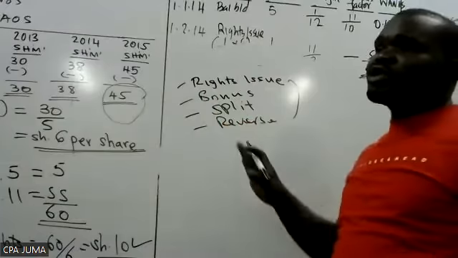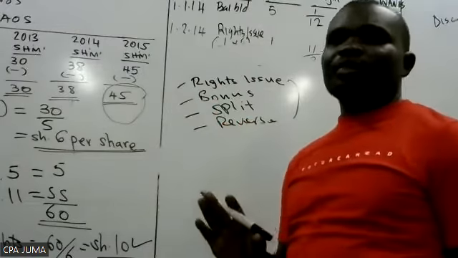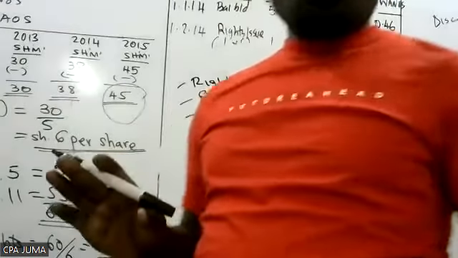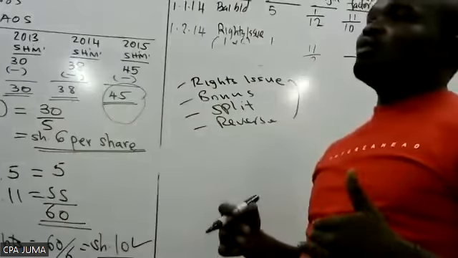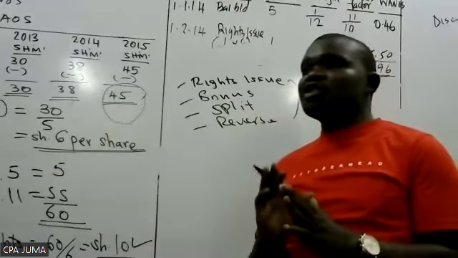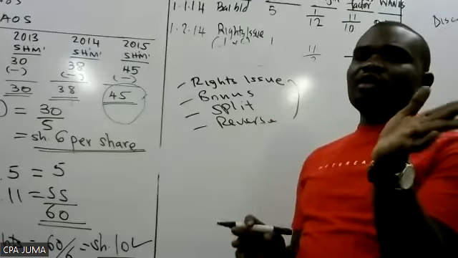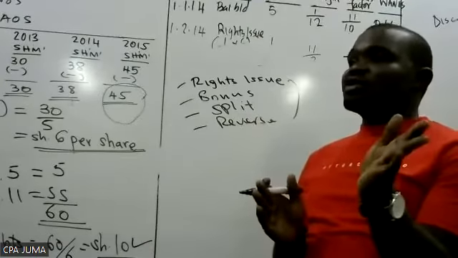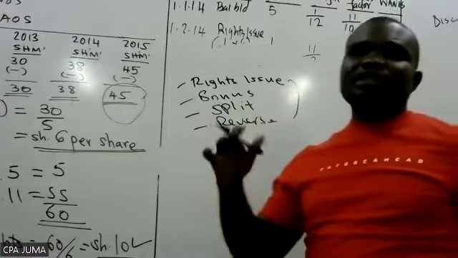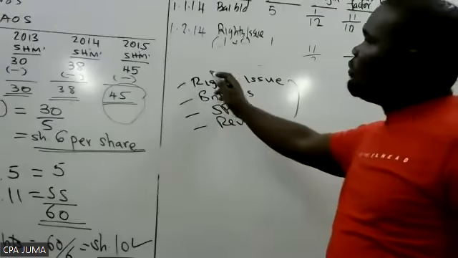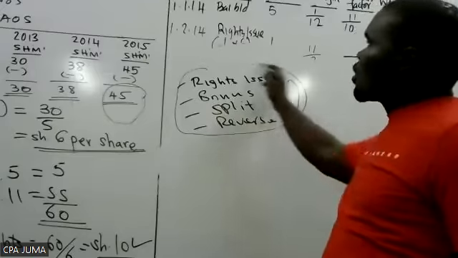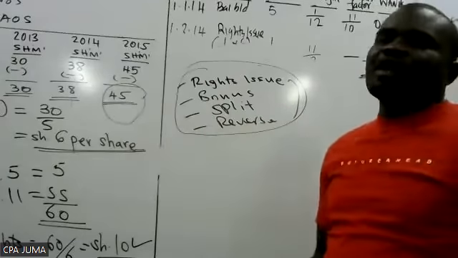So when you are told to restate earnings per share, you ask yourself, what happened this year? Like when you're doing EPS for 2022, the examiner will tell you to restate for 2021. We restate backwards. So when you are told to restate EPS, you check of these four, what happened this year?